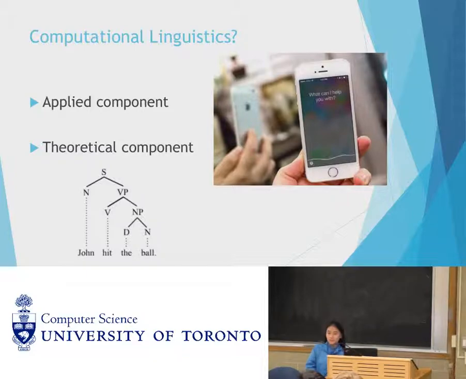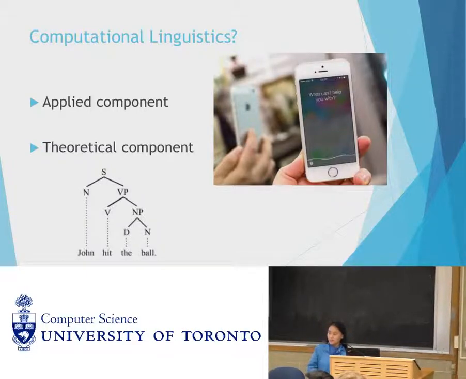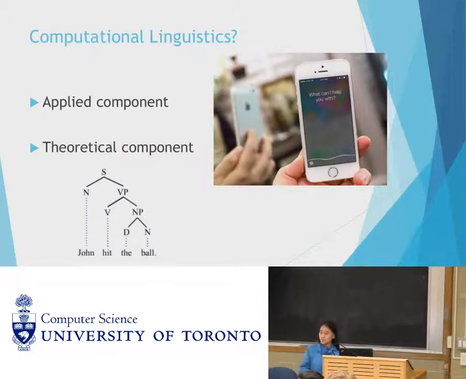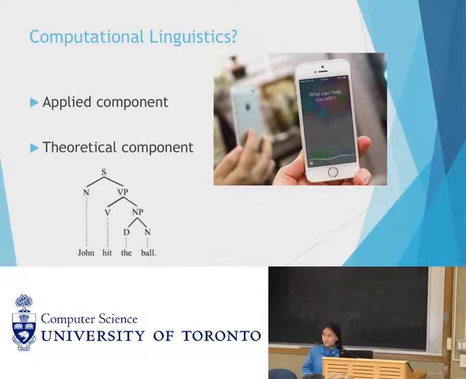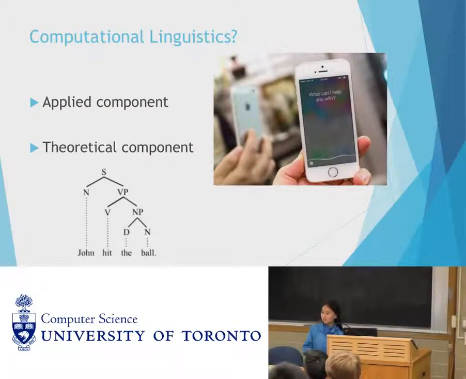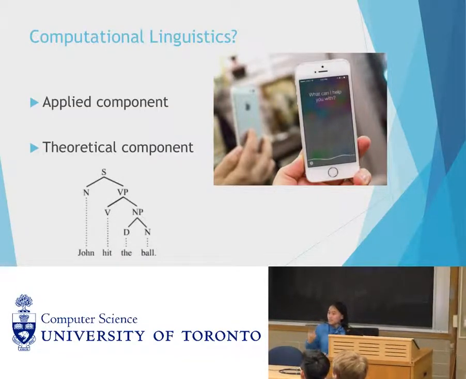Firstly, I'm going to talk about what computational linguistics is. Computational linguistics has both a theoretical component and an applied component. For example, speech recognition is a kind of application in computational linguistics, such as Apple's Siri.